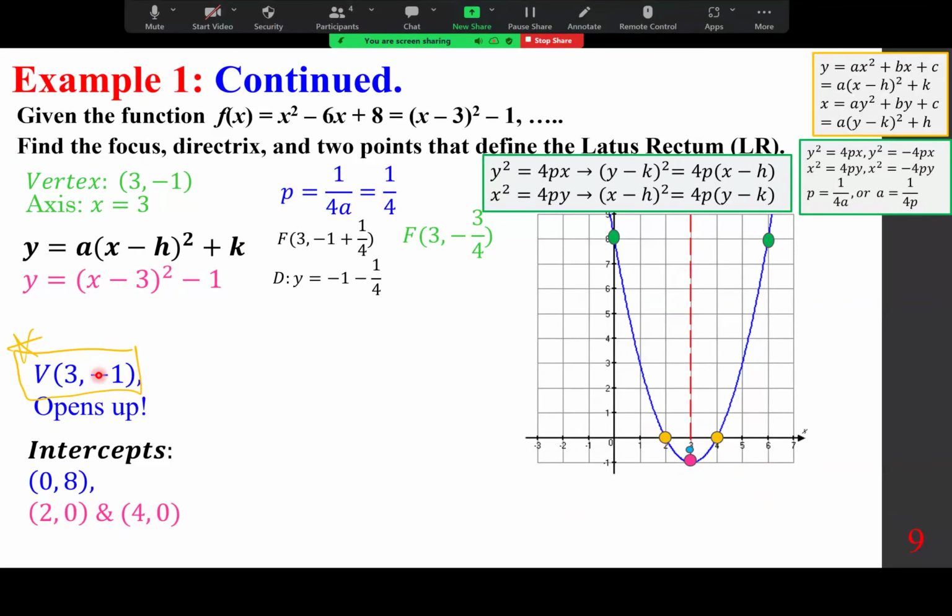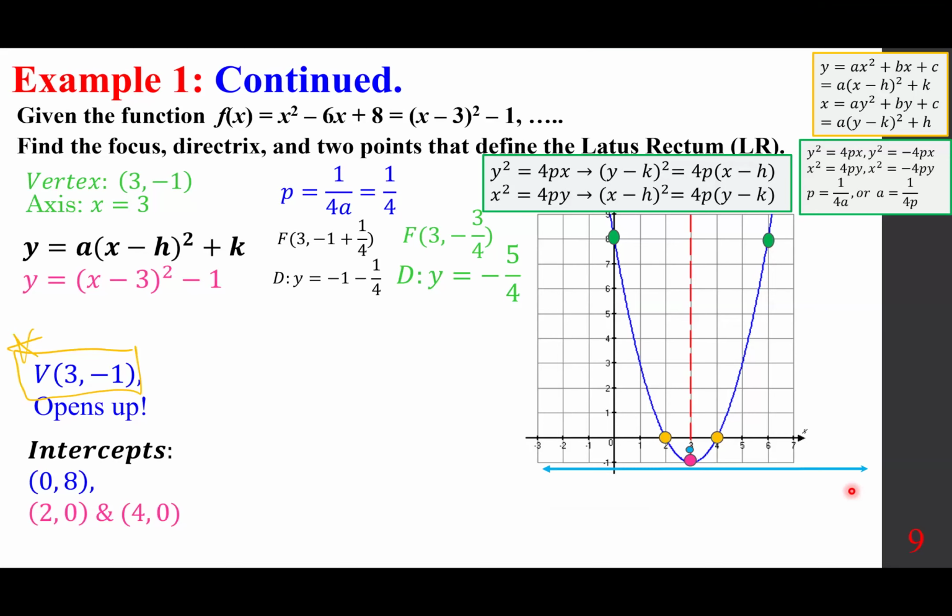You should know, again, where your directrix is, which gives you -5 over 4. The directrix has the equation y equals -5 over 4. Here's the line. So I hope everybody's okay with that.